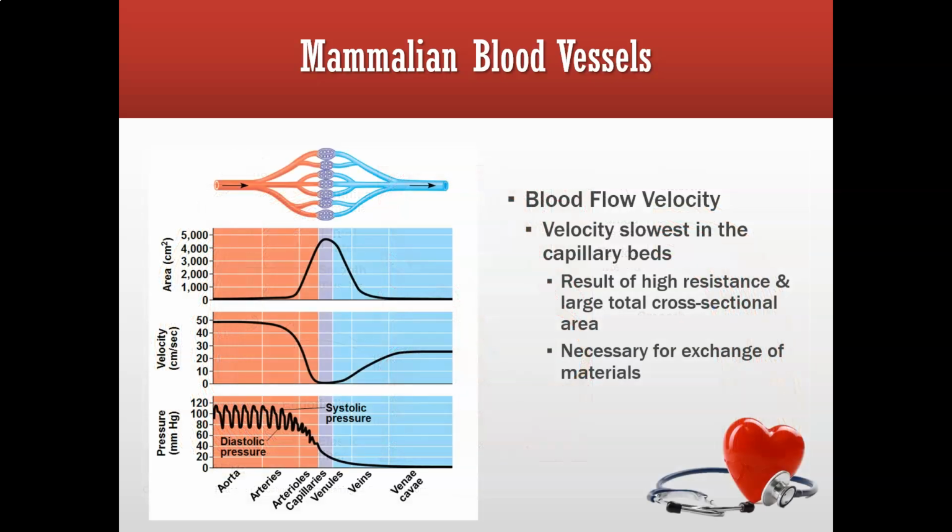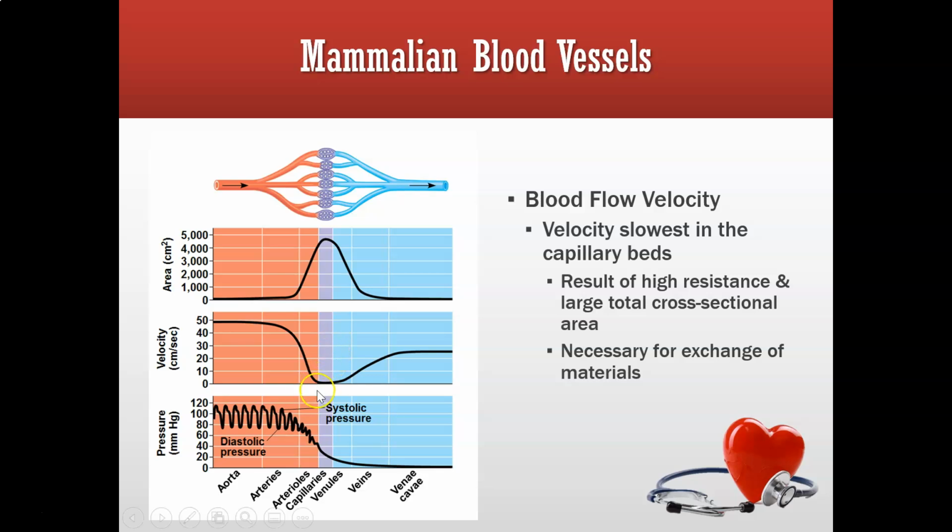So I mentioned this idea of blood flow velocity, right? How quickly is it moving? And that's tied to the need for that thick muscular wall in your arteries and not so much in your veins. And this is exactly what we're looking at: both the area that they cover versus the velocity, or the speed, that the blood is moving through them. And then that's directly related to the pressure itself.